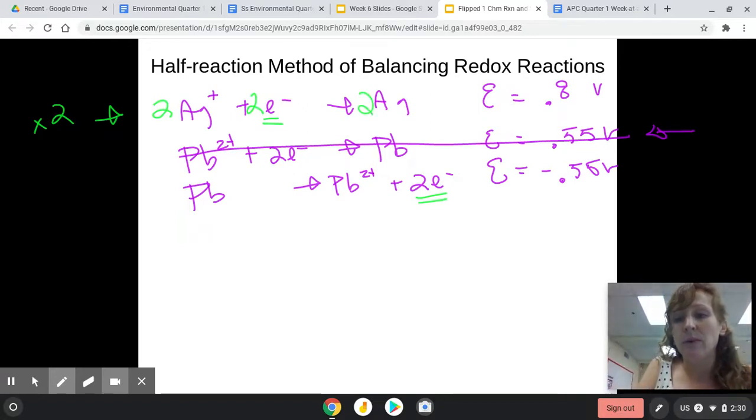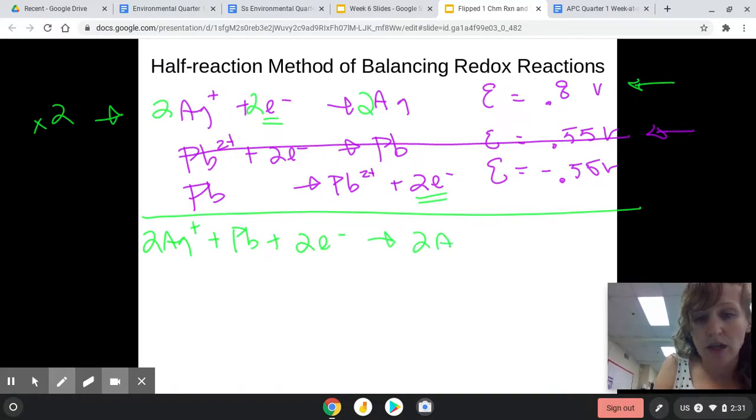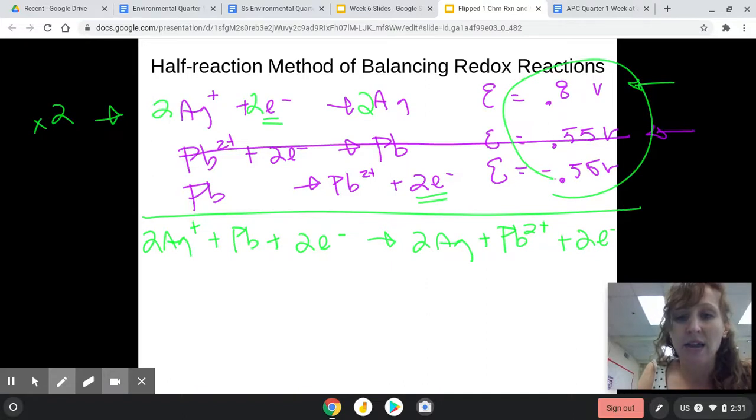And then remember, the cell potential does not get doubled. Okay, so now I have electrons balanced. I can combine and reduce out. So 2 Ag+, Pb, 2e-, 2 Ag, Pb2+, 2e-. And then if I wanted total cell potential, I could add those as well.